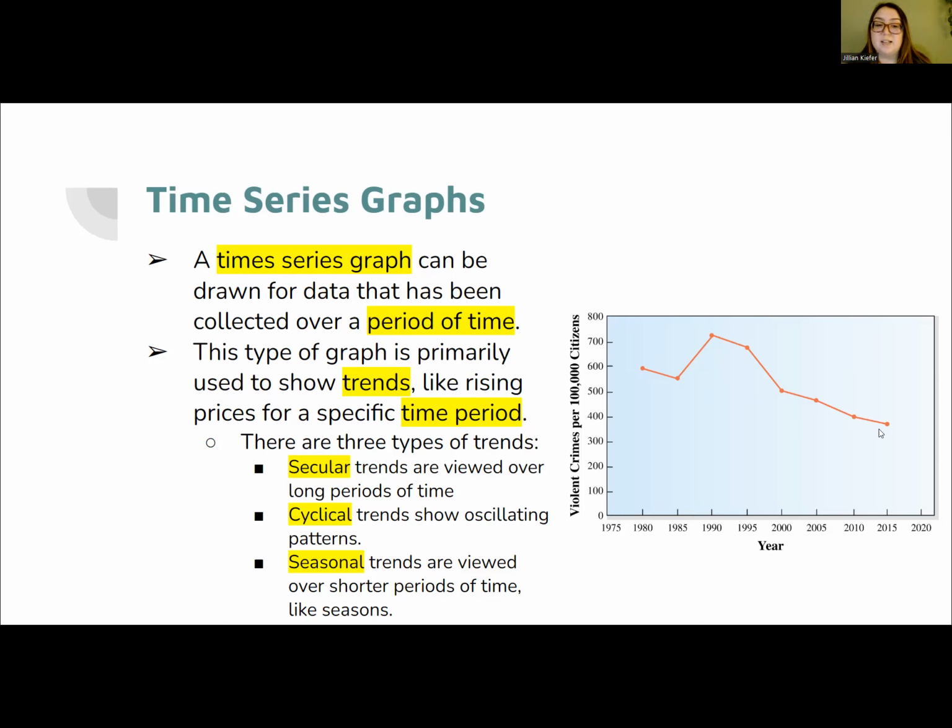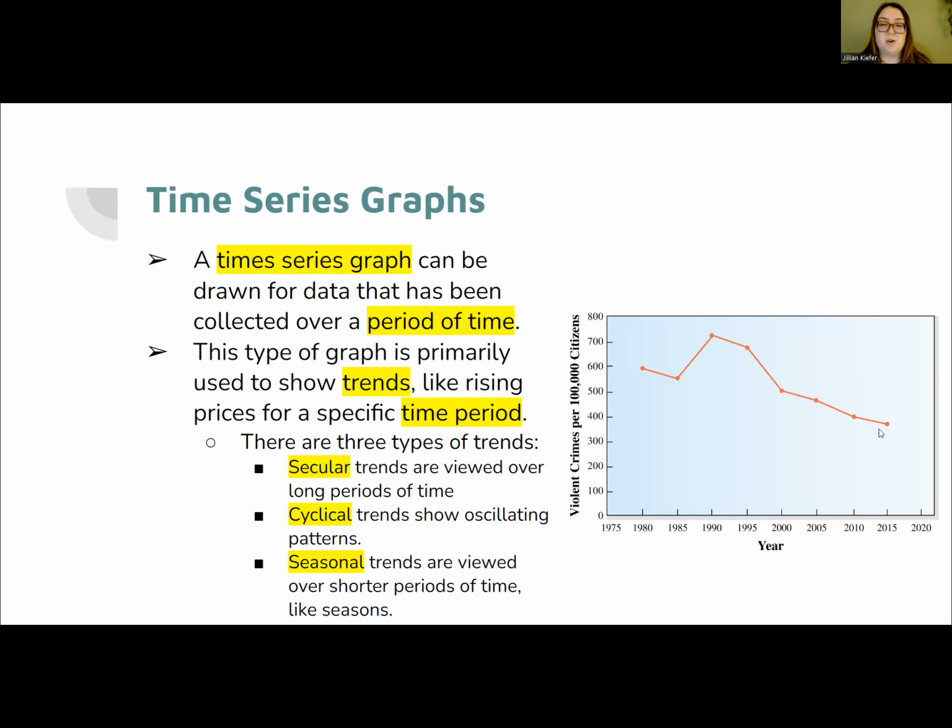There are 3 types of trends. The first one is secular trends, which are viewed over long periods of time. So data that has been collected over a very long period of time is typically what we call secular trends. Then we have cyclical trends. These will show oscillating patterns. Something cyclical would be like the temperatures throughout the years.